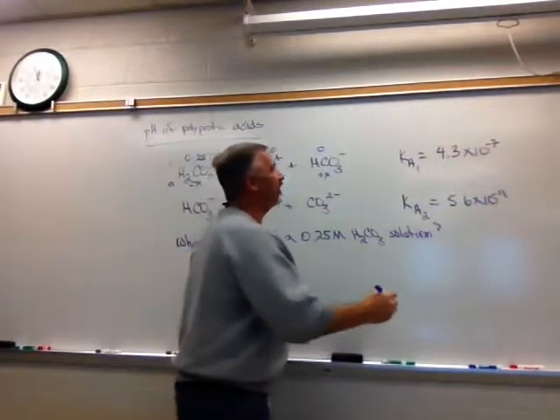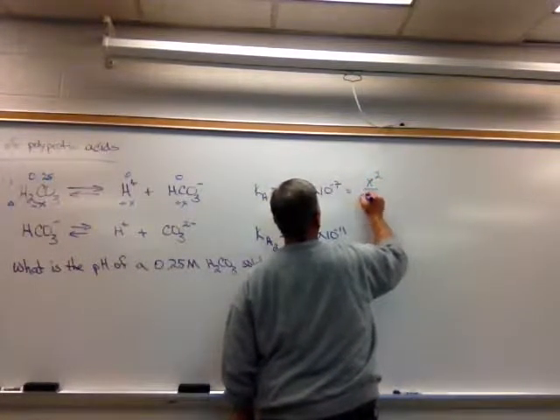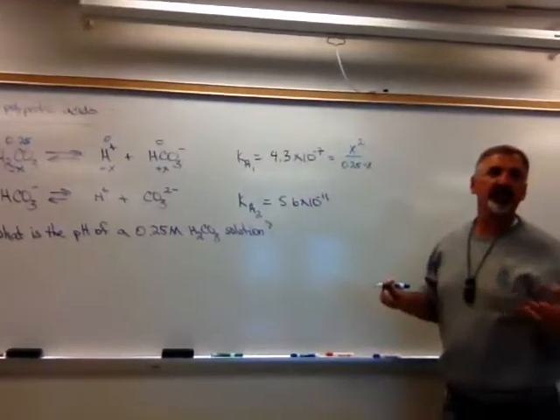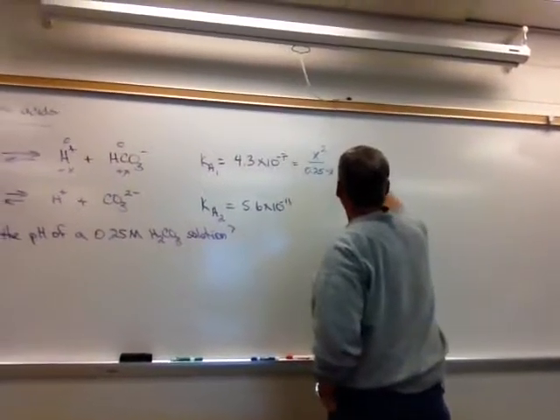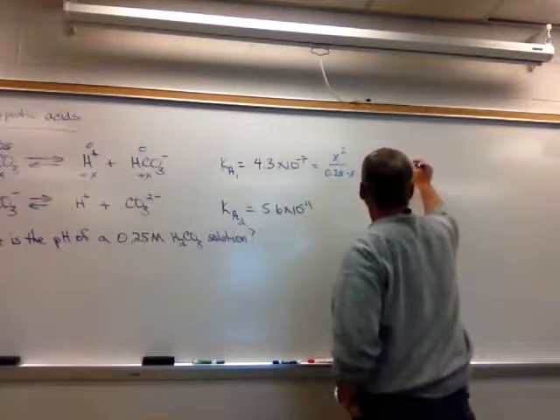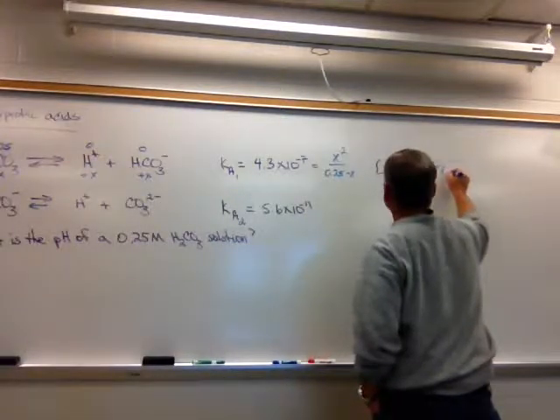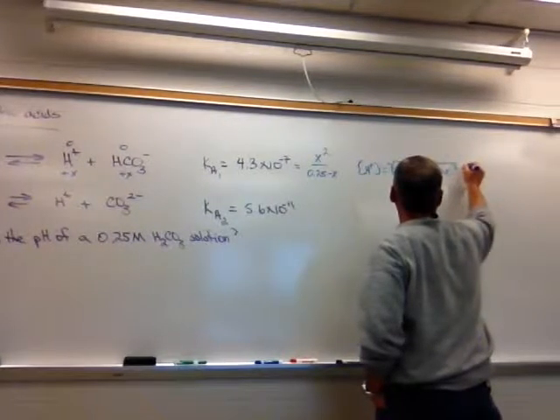Okay? So I plug in over here. I'm going to do the exact same problem I've done: x squared over 0.25 minus x. We can see how small this is, so we know we can assume x is negligible. So my H plus is equal to the square root of 0.25 times 4.3 times 10 to the minus 7.